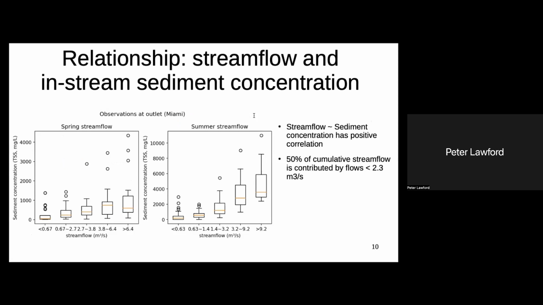So now let's consider whether that original chemostatic assumption was valid or not for South Tobacco Creek in these temporary streams. Here I'm just showing you the relationship between stream flow and sediment concentration at the outlet, Miami. And you can see that it doesn't really look chemostatic.